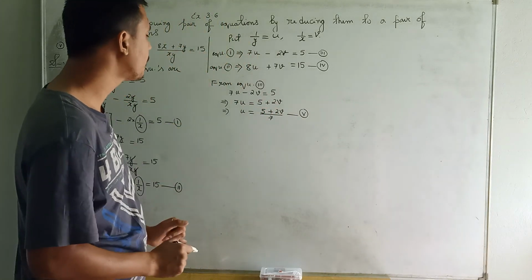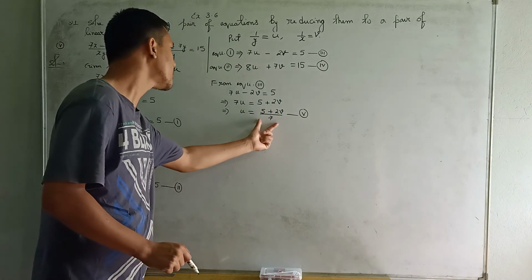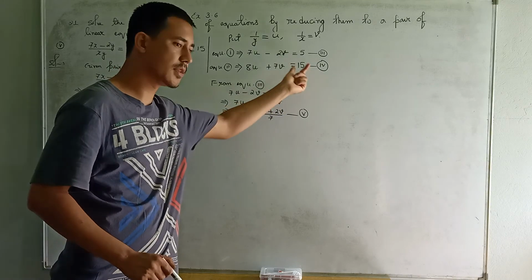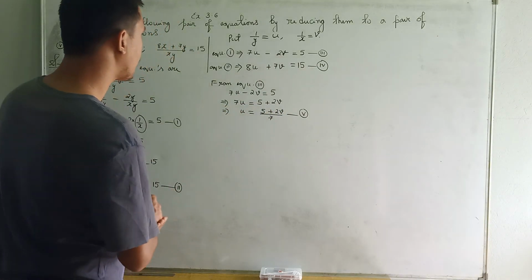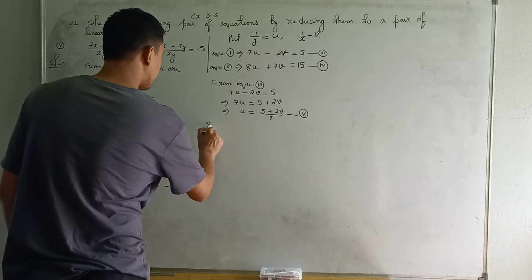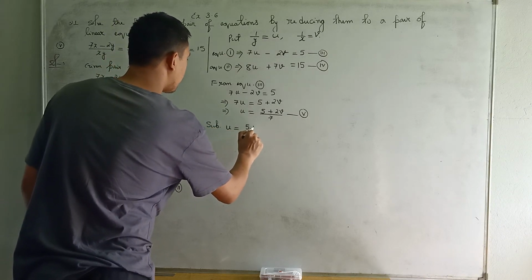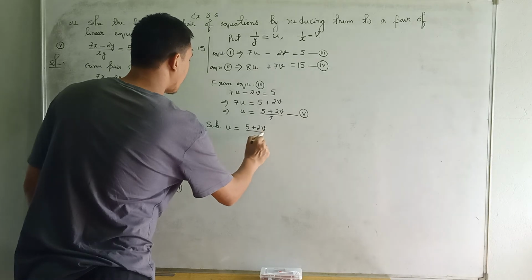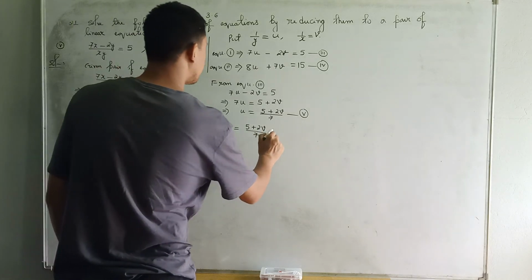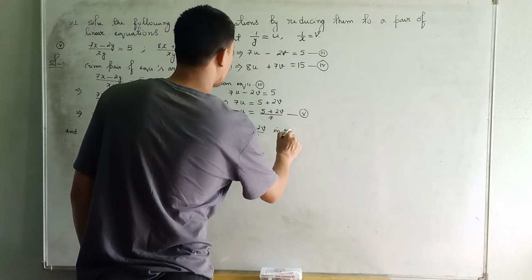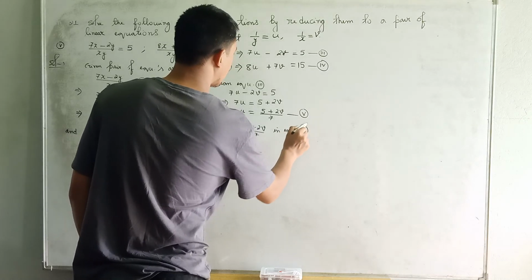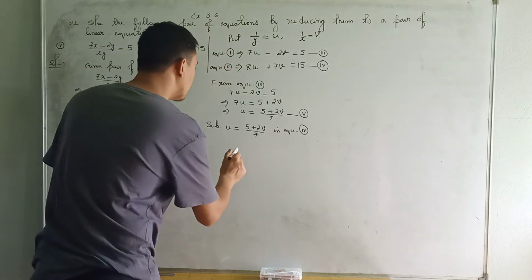So substitution means from the first equation I have found u in terms of v. Okay, I found u. That value of u has to be substituted in the next equation 4. So substitute u as 5 plus 2v upon 7 in equation 4. That's equation 4. 8u.